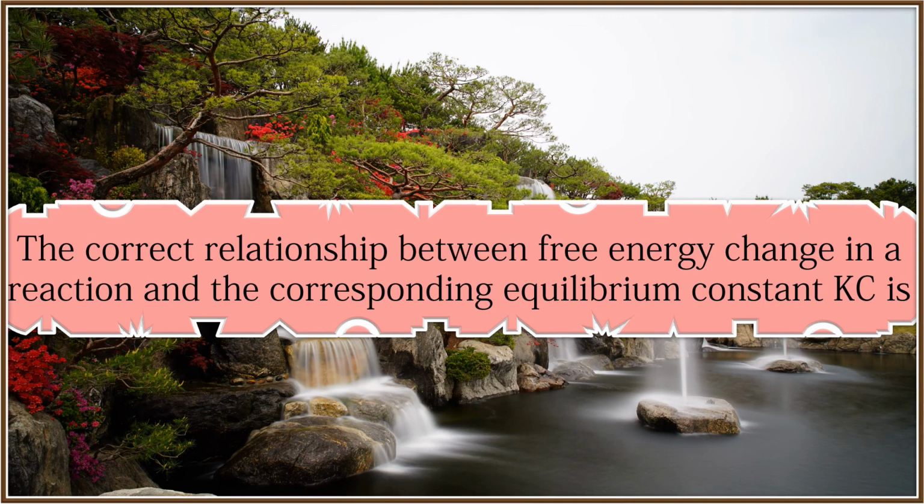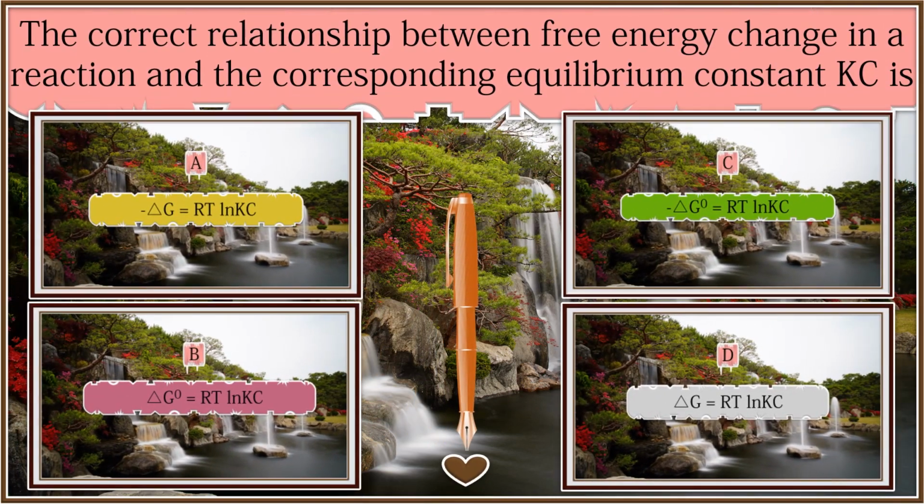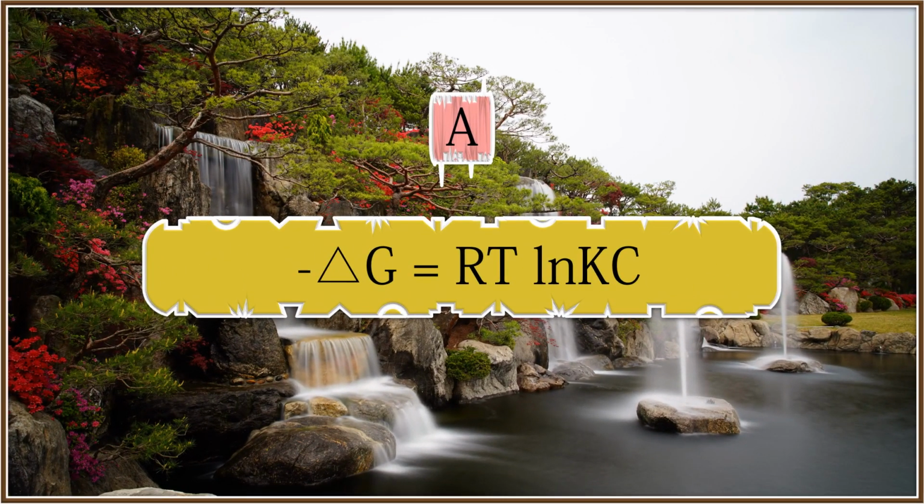The correct relationship between free energy change in a reaction and the corresponding equilibrium constant Kc is negative free energy change is equal to RT ln Kc.